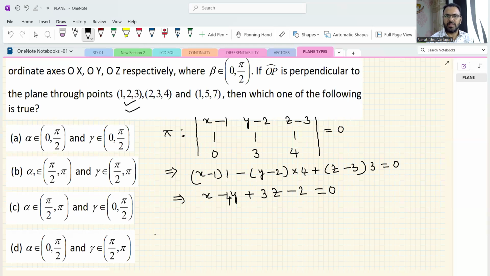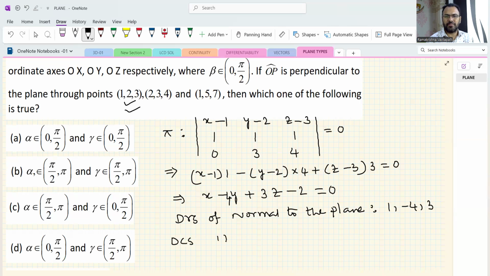All right. So what are the DRs of normal? DRs of normal to this plane. Normal to the plane. 1 x coefficient, minus 4 y coefficient, 3 z coefficient. These are the DRs. Well, what are the DCs of the normal to the plane?